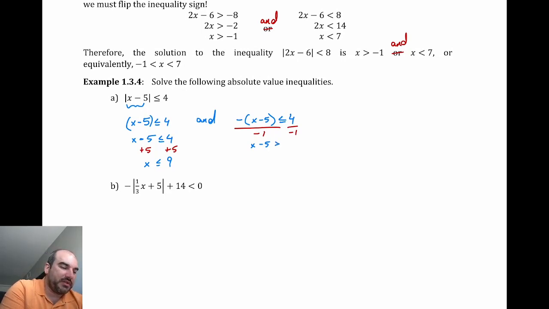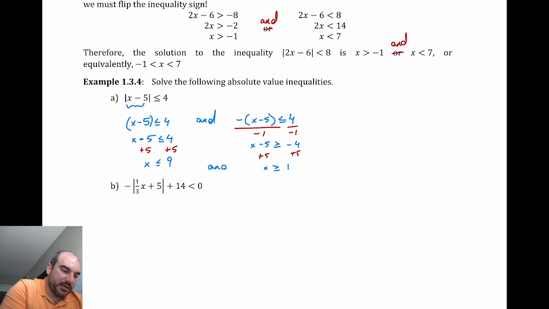So we need to flip it to greater than or equal to negative 4. So whenever you multiply or divide by a negative value, you flip the inequality. And then we can go back to our regular operations, add 5 to both sides. x is greater than or equal to 1.